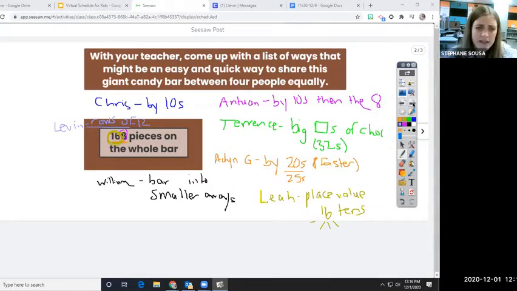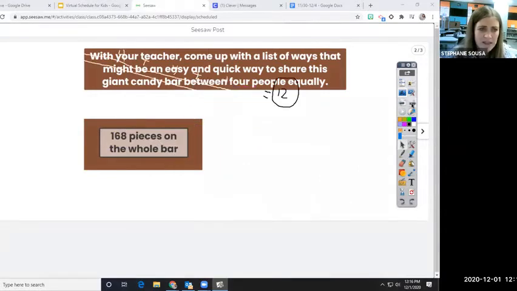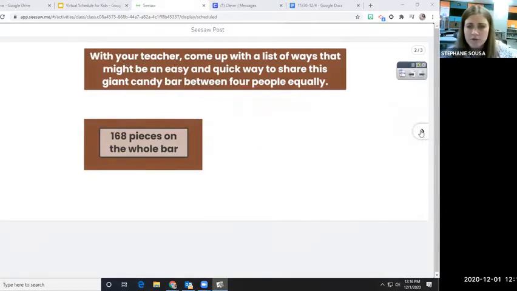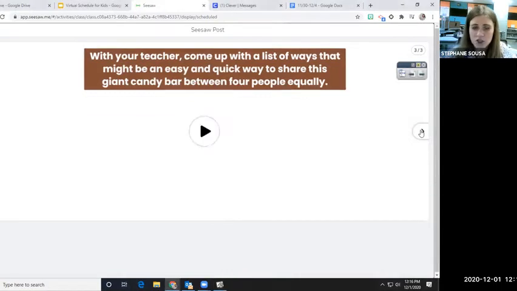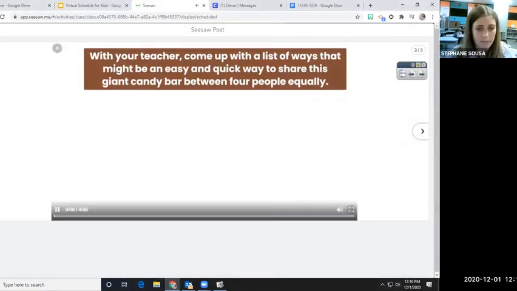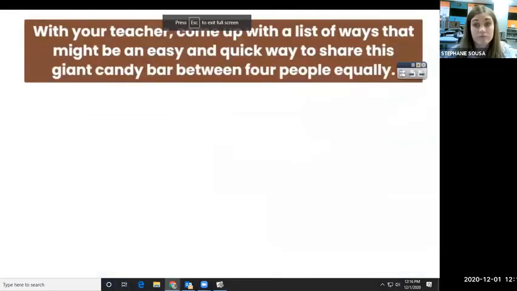Okay, let's see how Miss Thaxton chooses to solve with division by partitioning and see what ideas she came up with. I bet you came up with some creative ways to share your candy bar amongst your 4 friends equally. Regardless of what your list looks like, I bet most of your ideas probably required breaking off more than one piece at a time.